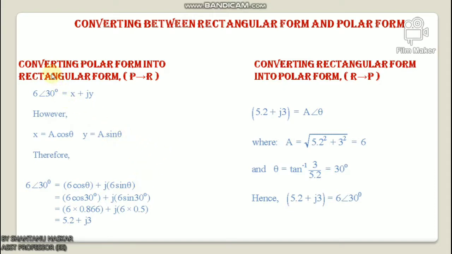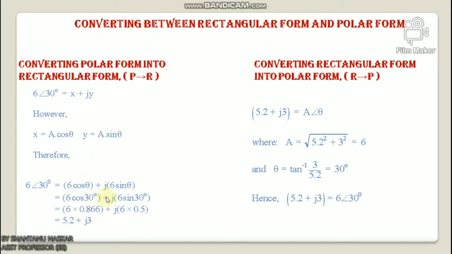So first, converting polar form into rectangular form. Let's take 6 angle 30, which equals x plus jy in rectangular form. We know the formula: x equals a cos theta, y equals a sin theta. So 6 angle 30 means 6 cos theta plus j 6 sin theta, where the value of theta equals 30.